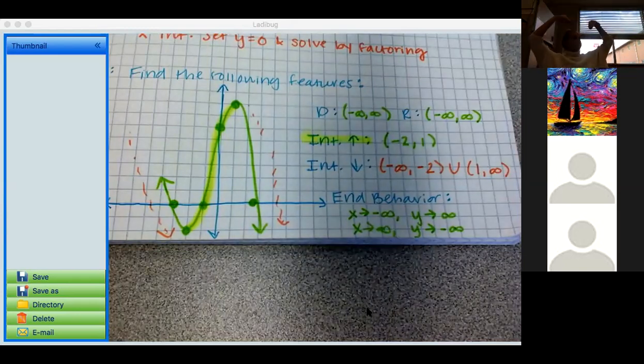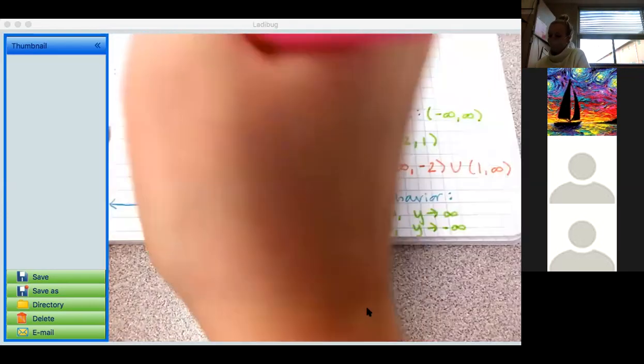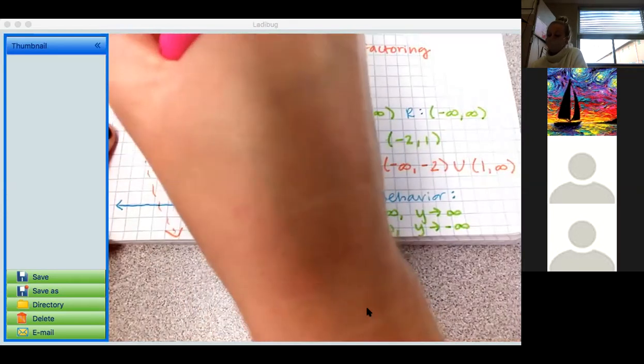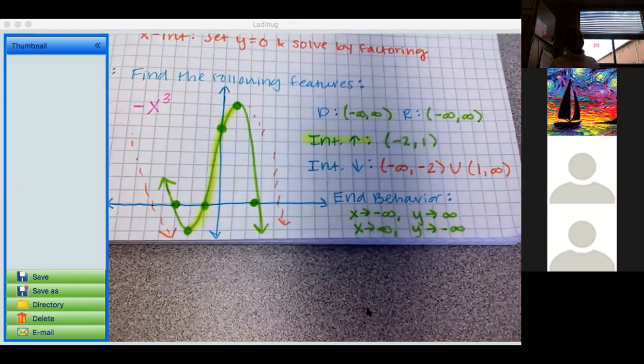Okay, most important thing, make sure you are listening. Do you see any holes or any asymptotes? Why not? Okay, it does look like an x cubed function, and we already established that it would be negative because we flipped it.